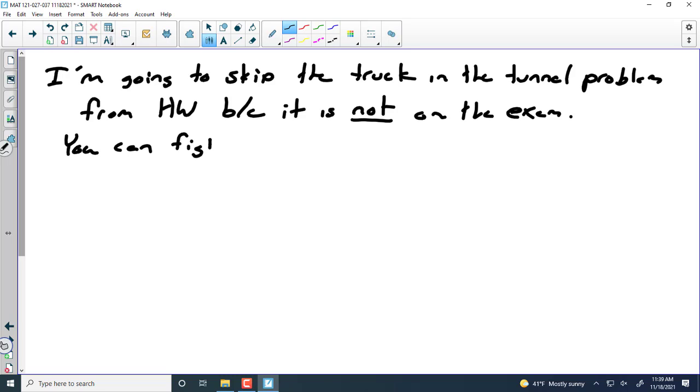You can fight through the homework. It's a tricky story problem, everyone, but I'd rather talk more about hyperbolas than do a story problem right now. So I'm going to skip that problem. And when you're doing it in the homework, rest easy. I'm not going to put the truck through the tunnel problem on the test, and you'll know it when you get to it because you're driving a truck through a tunnel. Fight your way through it as best you can on the homework. Ask people for help, get help however you can, and just do your best with it. But then rest easy that it's not going to be on your exam, not even as an extra credit or anything like that.